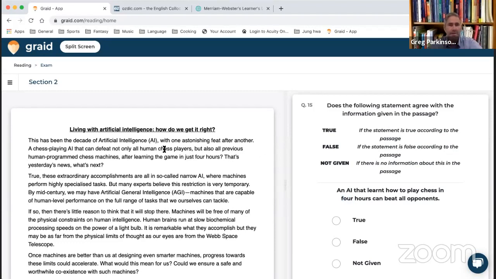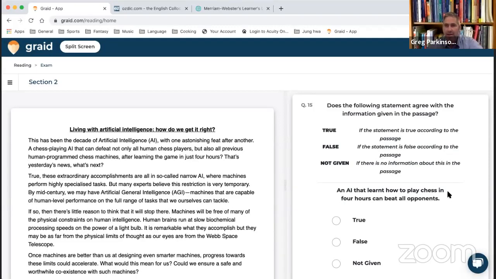We find chess. Okay, so as soon as we find chess, then that's what I would start checking. I would read the entire sentence. So a chess playing AI that can defeat not only all human chess players, but also all previous human programmed chess machines after learning the game in just 4 hours, right? So does that have the same meaning?